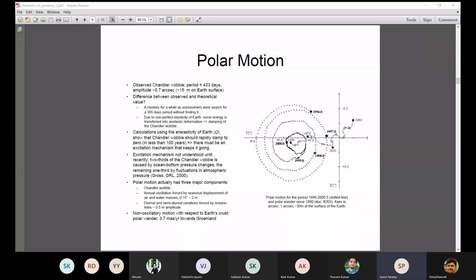Sir, this must be towards the pole. Yes, nearest to the pole.